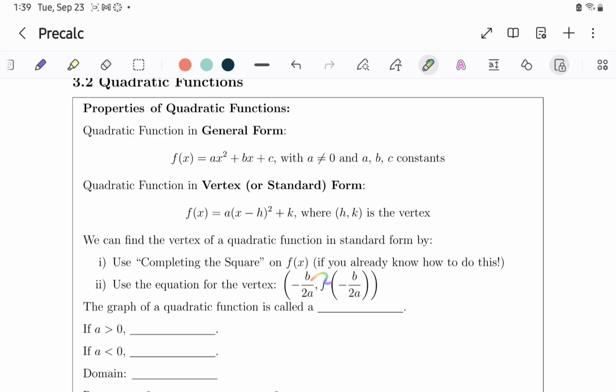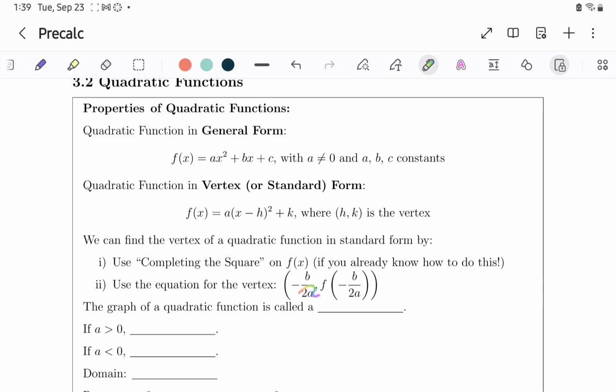So the vertex is going to be at minus b over 2a. Again, we're thinking about starting out with a quadratic function in general form. So here, a and b are just going to be the coefficients in front of the degree 2 term and the degree 1 term, respectively.